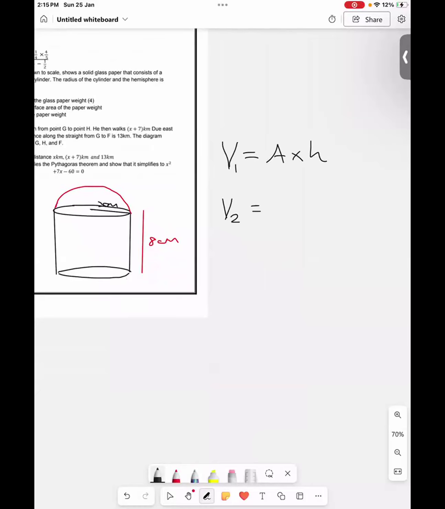Volume 2 also equals area times height. We're going to use this prism down here as volume 1, and the half up here as volume 2. And then we add them together. That's the idea when you get questions like these.